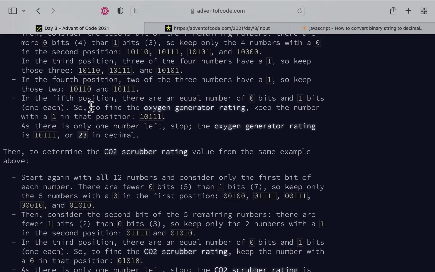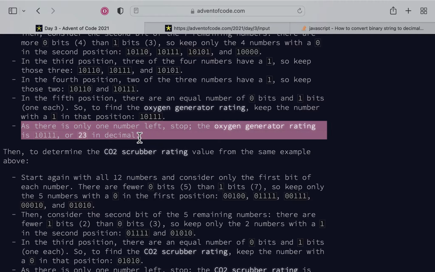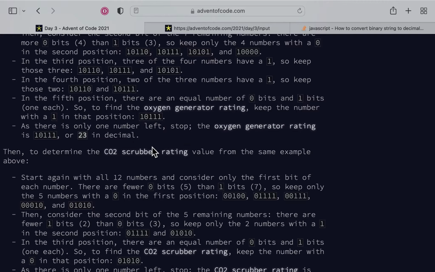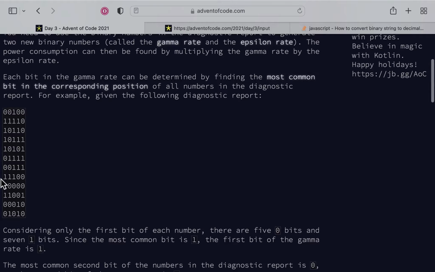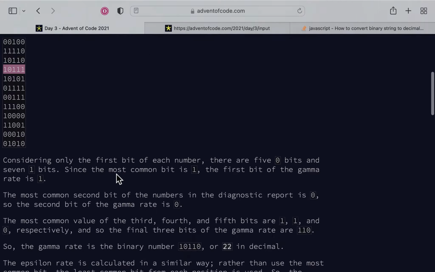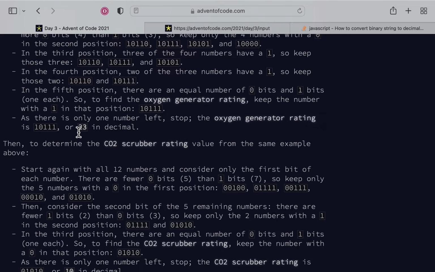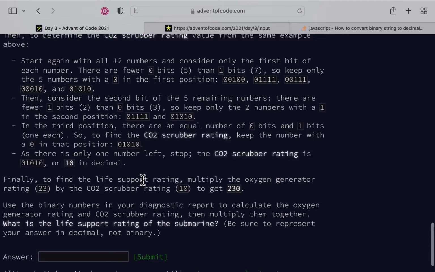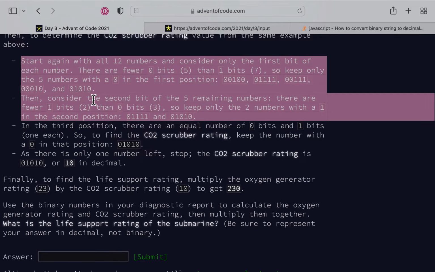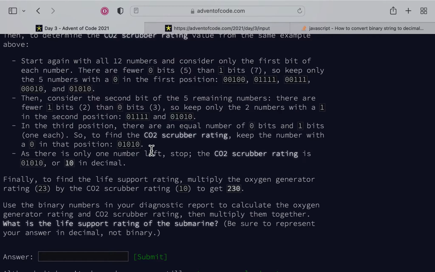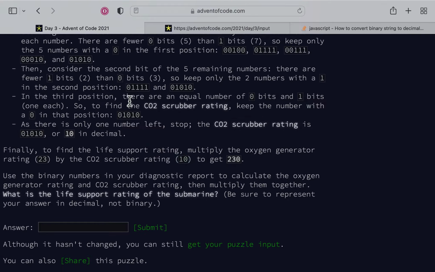Fifth position, there are an equal number of 0 bits and 1 bits, so we keep the 1. Okay. So 10111 is one of the things, right? Yeah, it's this one. And then ultimately we convert that to decimal. So this seems like a similar process.